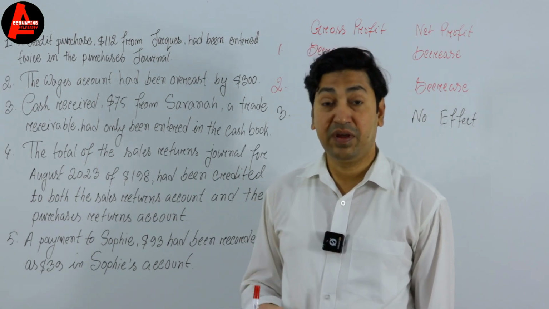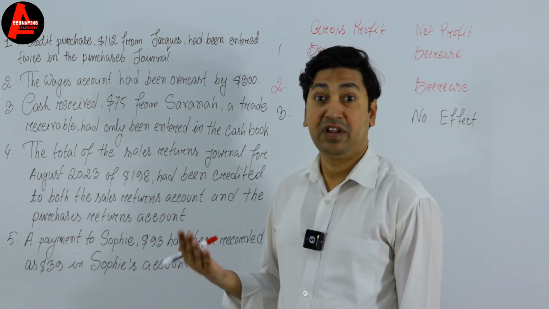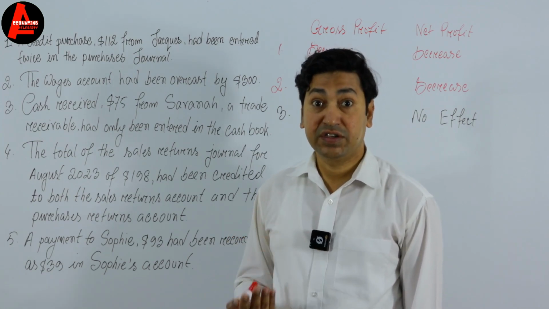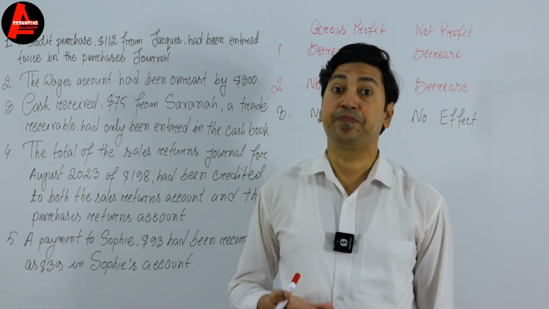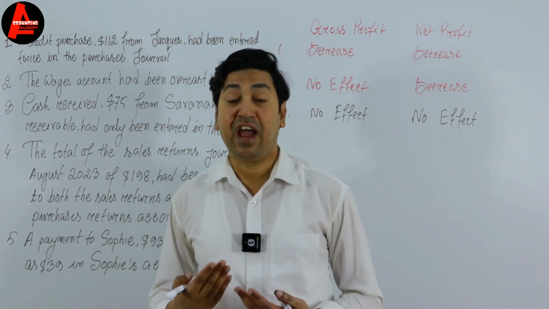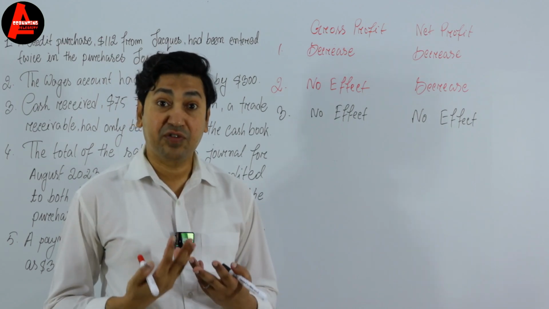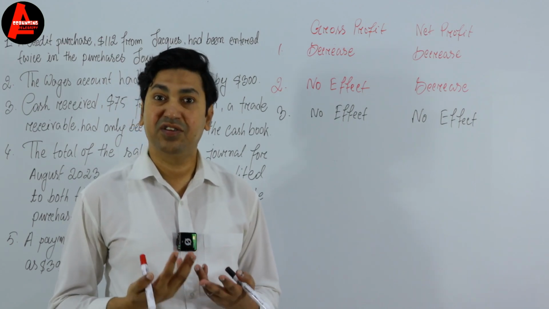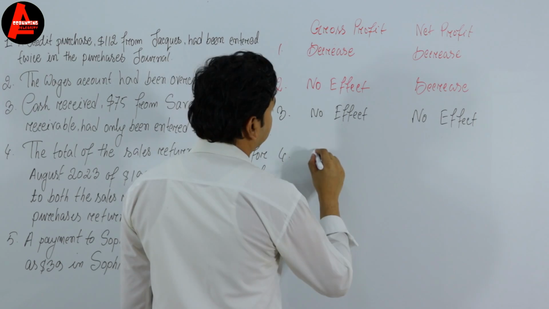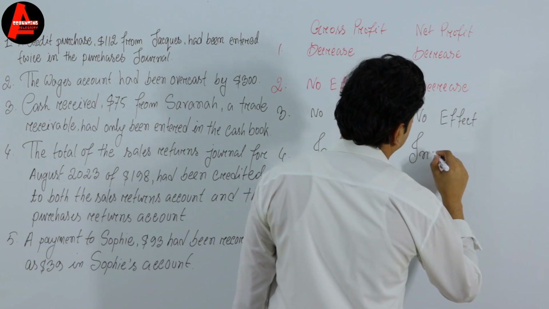Normally, this account will be debited, but here it had been credited. That means we showed less sales returns in the income statement, and we know sales returns decrease the gross profit, yeah? As we showed less, our gross profit had been increased. So when gross profit had been increased, net profit will also be increased. So let us write here number 4, gross profit increase, and net profit also increase.